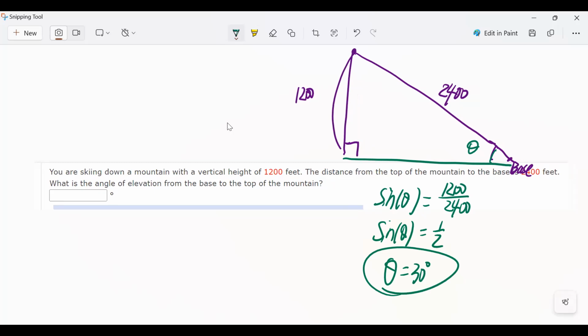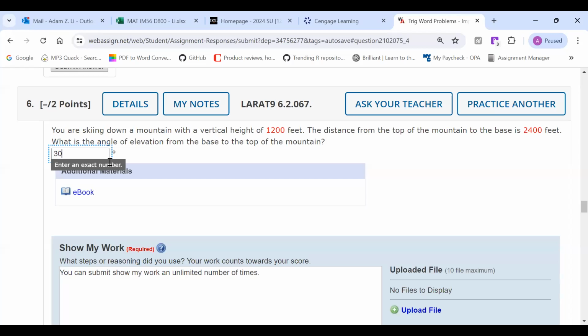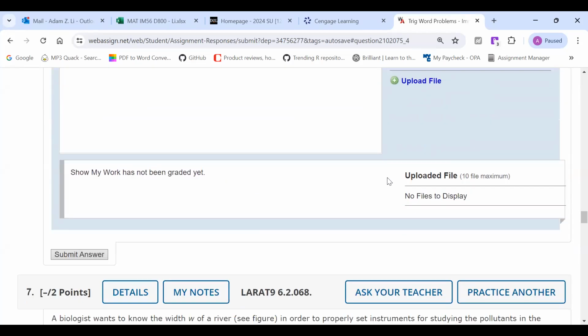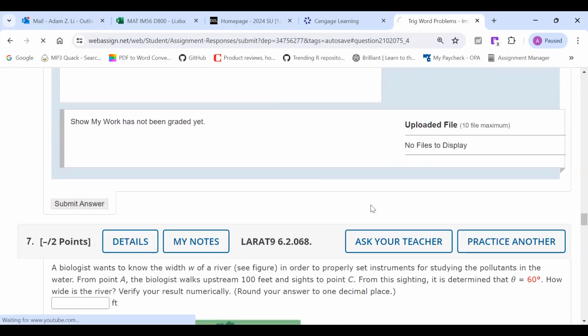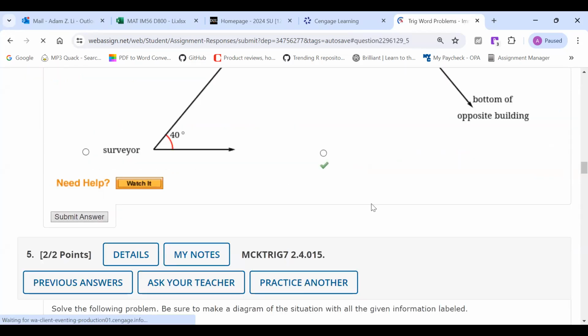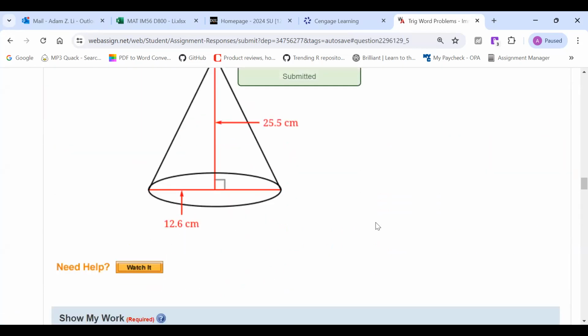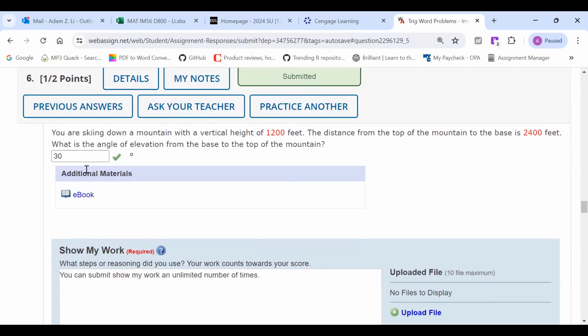If it is not a special value, you use a calculator to figure out the angle. Any question about this? And again, you can upload the work, upload the file here. That's the correct answer.